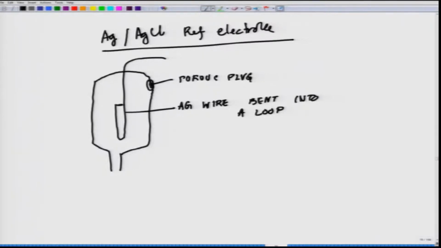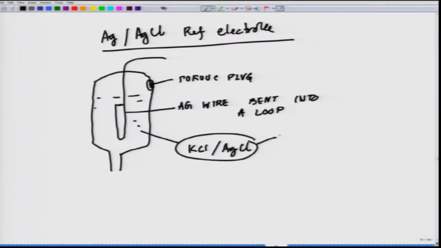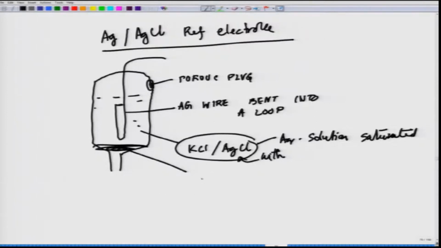Aqueous solution saturated with KCl and AgCl. So, this is your aqueous solution saturated with KCl and AgCl, and underneath what you observe here is solid KCl plus some AgCl.